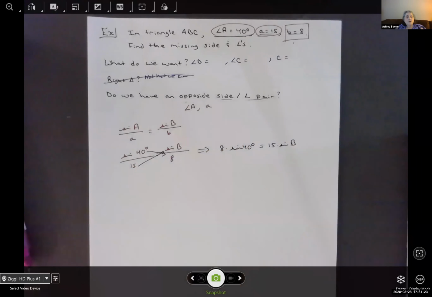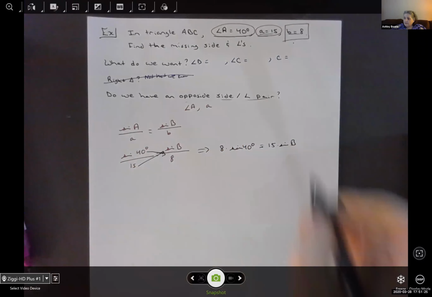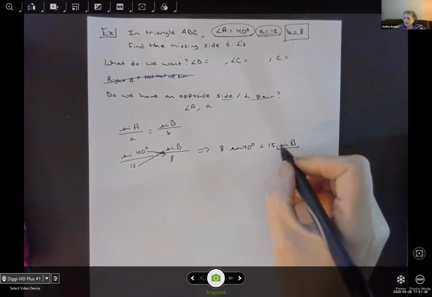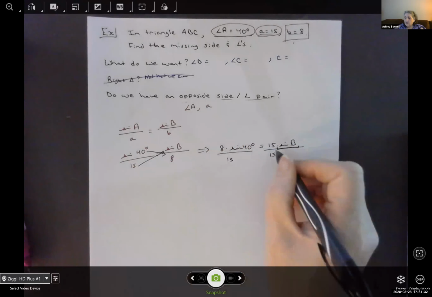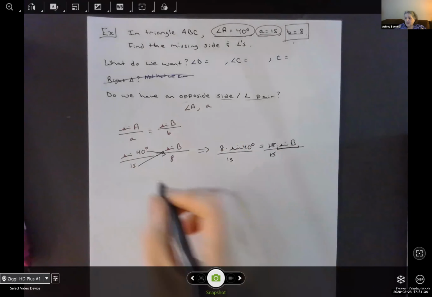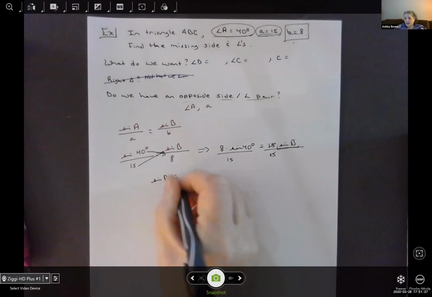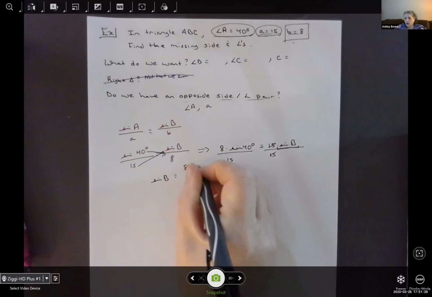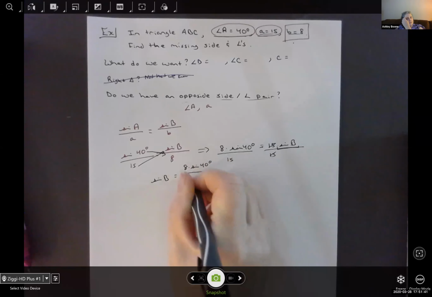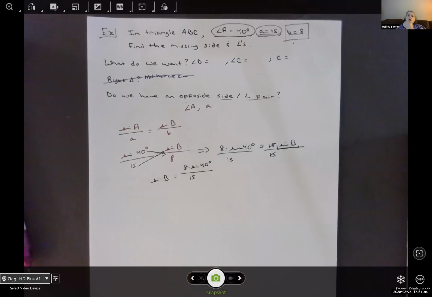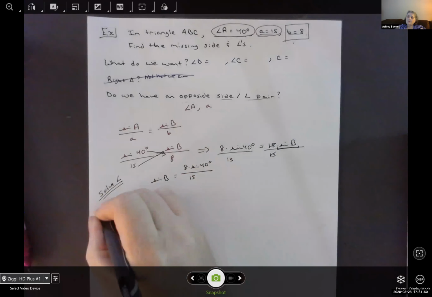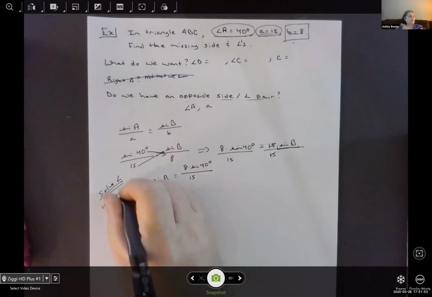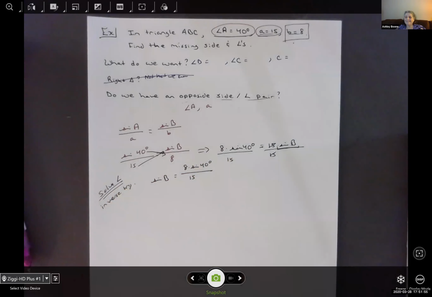Remember, we're wanting to solve for angle B, so I need to get the sine of B by itself first. I'm multiplying by 15, so I'm going to divide both sides by 15. That gives me the sine of B is equal to 8 times the sine of 40 degrees over 15. When you are going to solve for an angle, you're going to use your inverse trig functions because an inverse trig function is an angle.